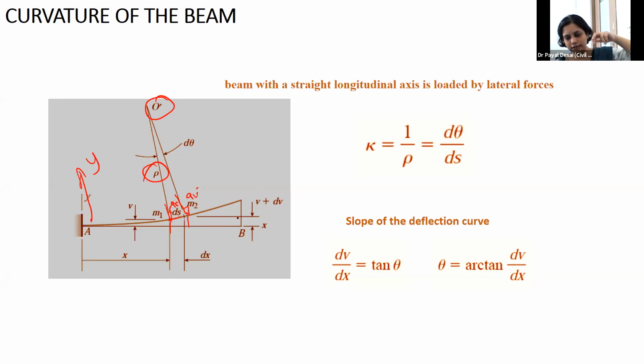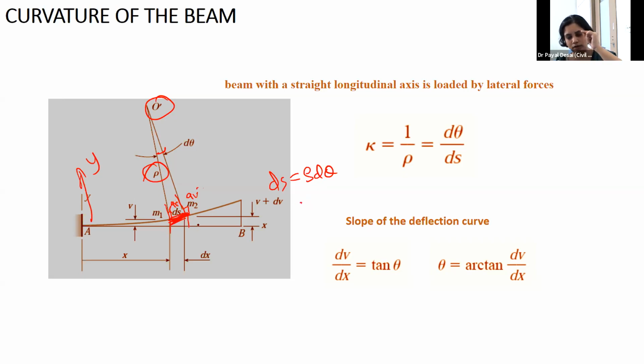And in case of a beam, you already know how to write this, right? The rho, how to write these arc lengths. So ds, from your trigonometry, we can write as rho d theta. Rho d theta is equal to ds, and from this I can define the curvature.